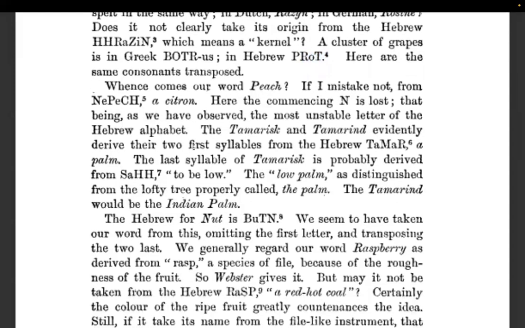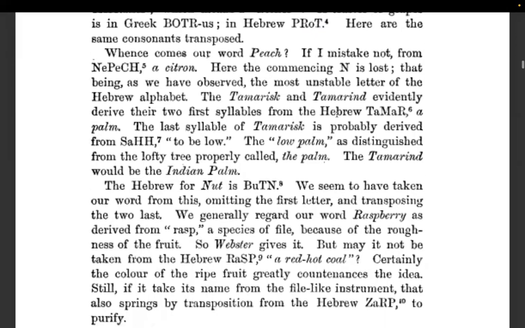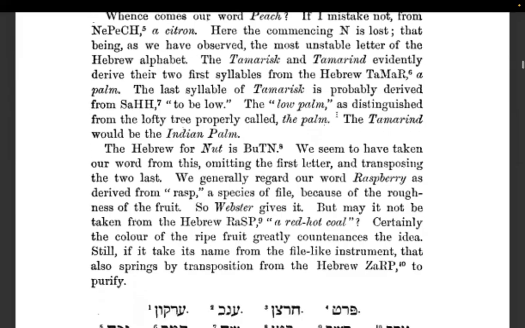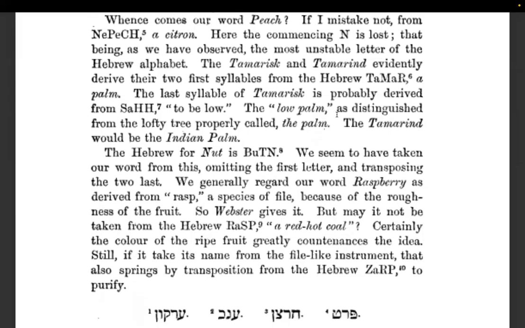Whence comes our word peach? If I mistake not, from nepech, a citron. Here the commencing N is lost, that being, as we have observed, the most unstable letter of the Hebrew alphabet. The tamarisk and tamarind evidently derive their two first syllables from the Hebrew tamar, a palm.